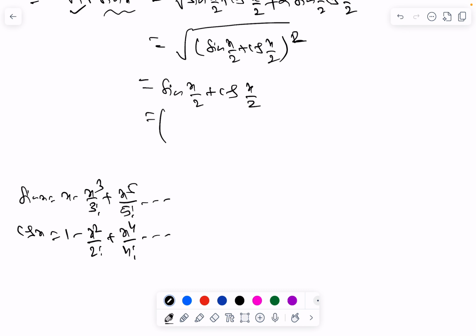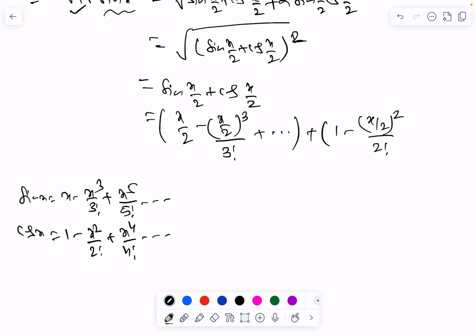So series of sine of x by 2 is x by 2, then minus x by 2 cube over 3 factorial and so on, plus series of cosine x by 2: 1 minus x by 2 square by 2 factorial plus x by 2 power 4 by 4 factorial and so on.